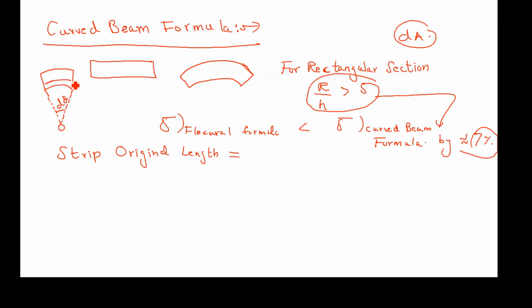If you remember that figure, you have almost taken the screenshot for it. The radius for that is equal to r. So in order to calculate the strip length, the formula for strip length is equal to r multiplied by d theta. This is the strip length formula.